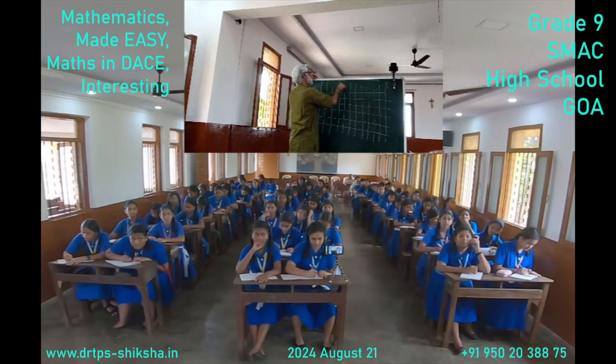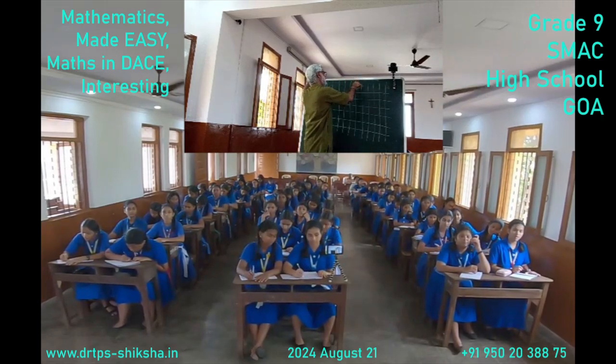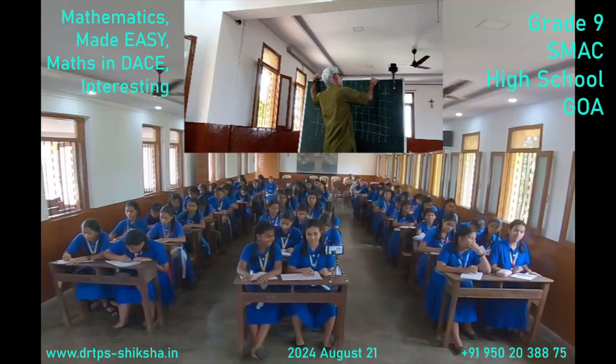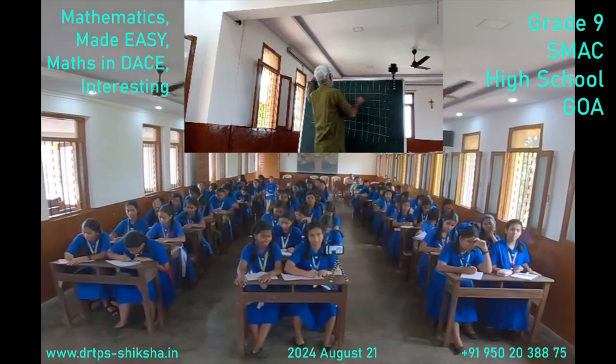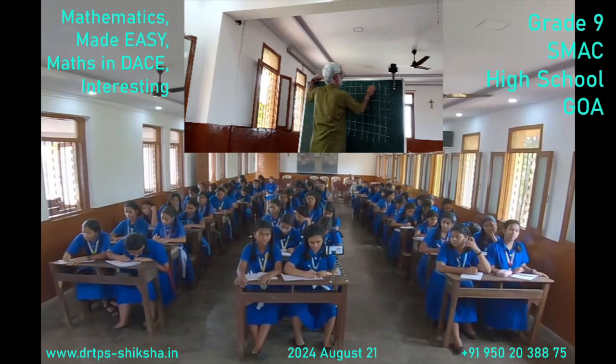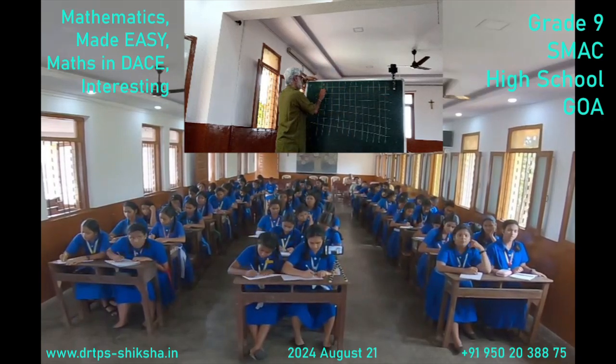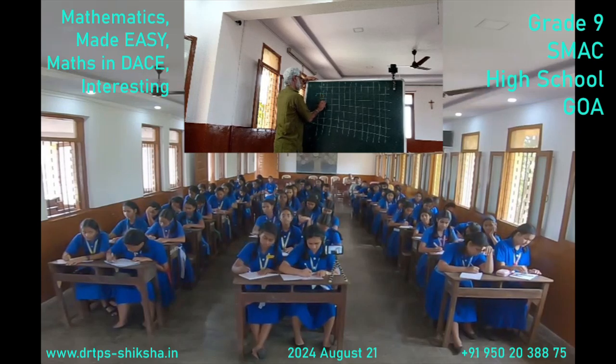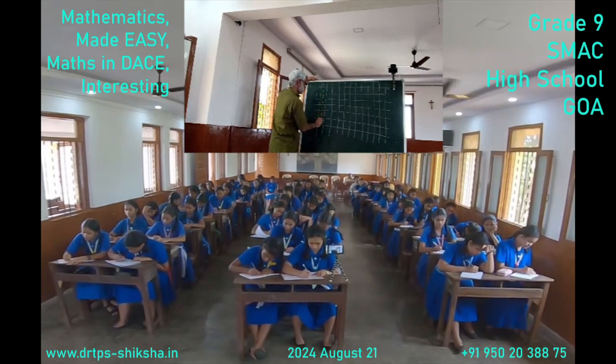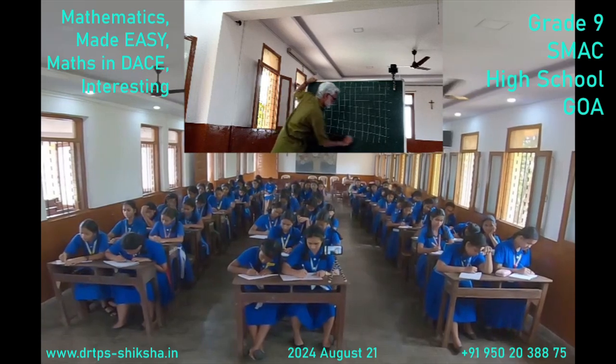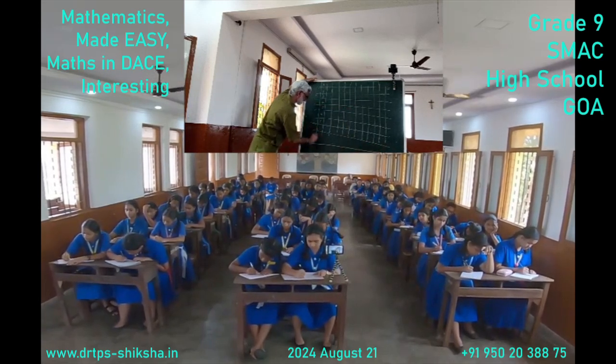Draw 10 by 10. One, two, three, 4, 5, 6, 7, 8, 9 and 10.